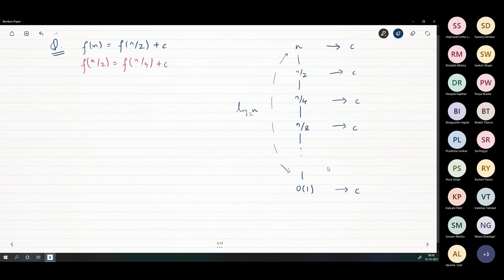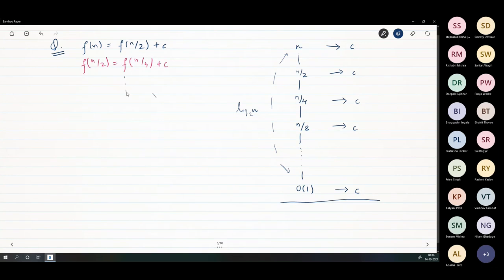Is that okay? So what is the total cost? Can you tell me what is the total cost? Here's the idea.